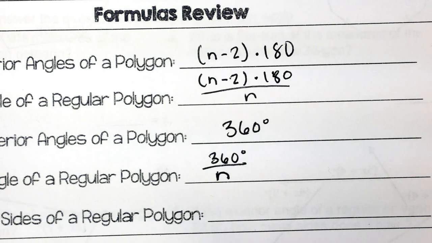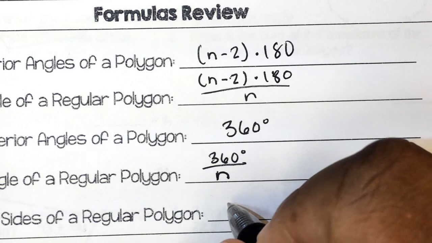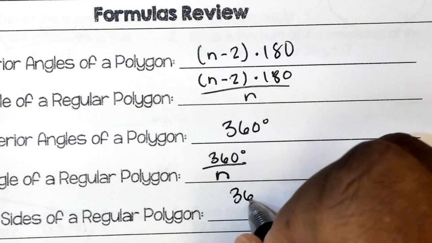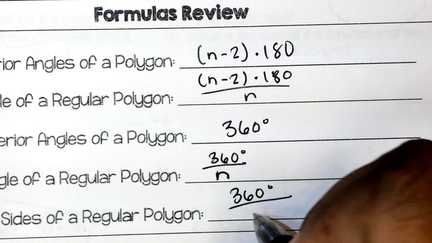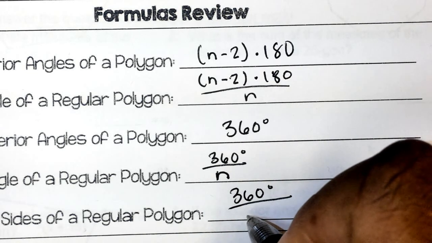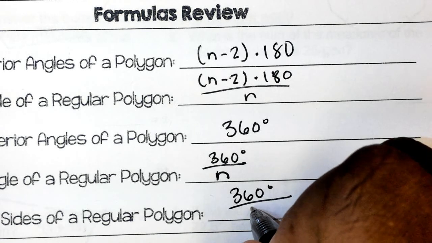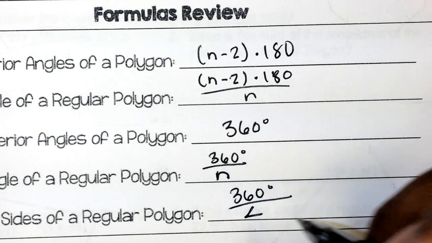And it says number of sides of a regular polygon. This one you're going to do 360 divided by your angle. I guess I put the angle symbol there.